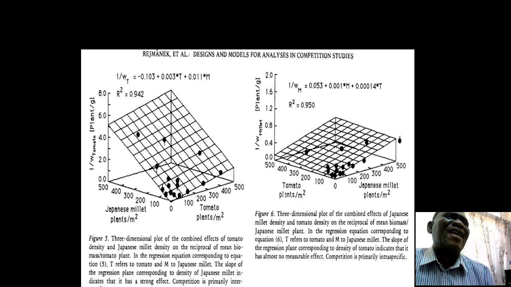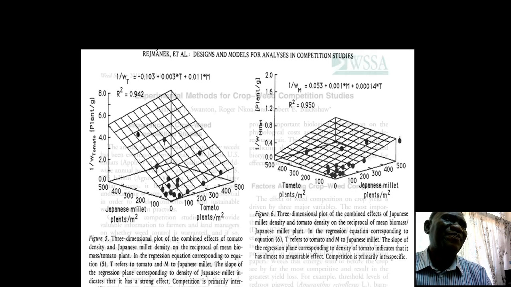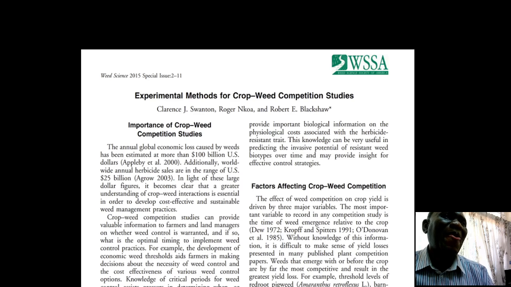And of course, interpreting the results could be a challenge, but after a careful look at the papers, you will begin to understand the meaning of those equations. Experimental methods for crop weed competition studies, if you are interested.